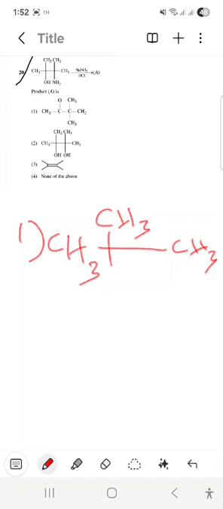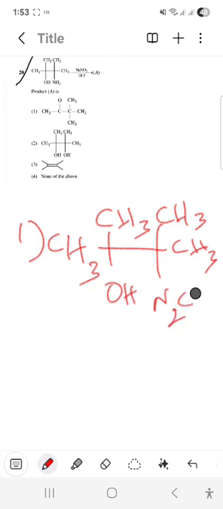It is an OH group, and here another CH3 group. Here this NH2 group, in the first step after diazotization, is converted into N2+ and Cl-.